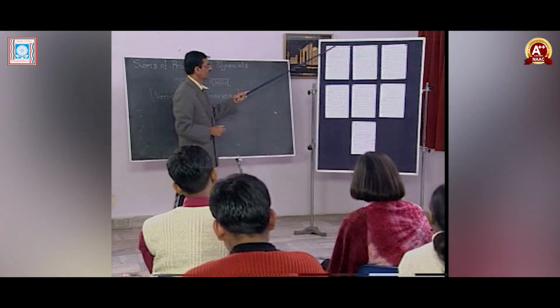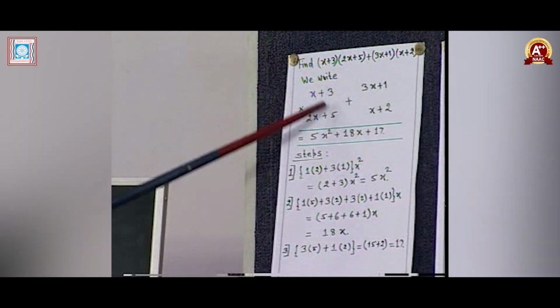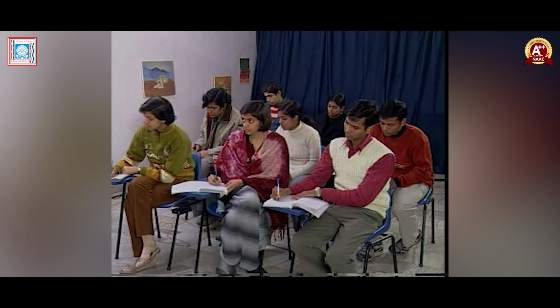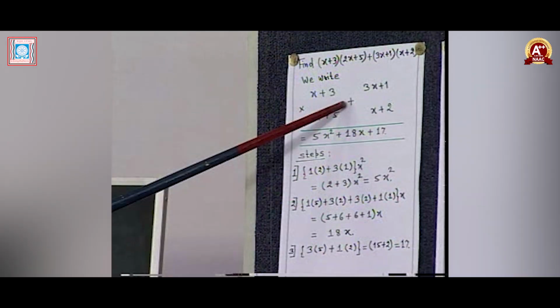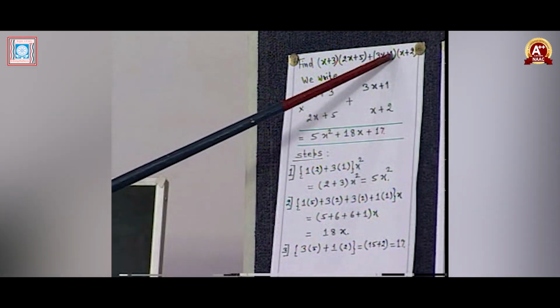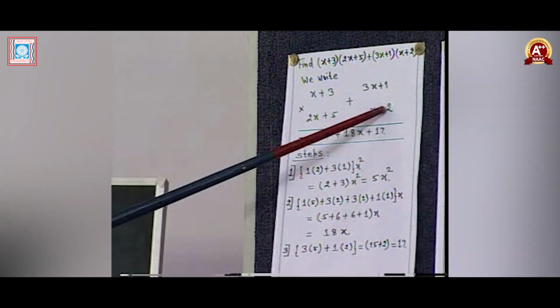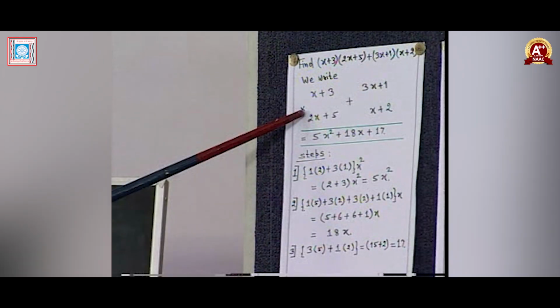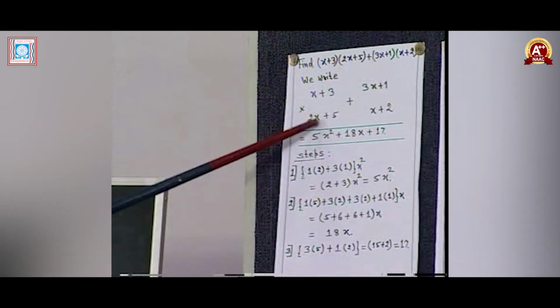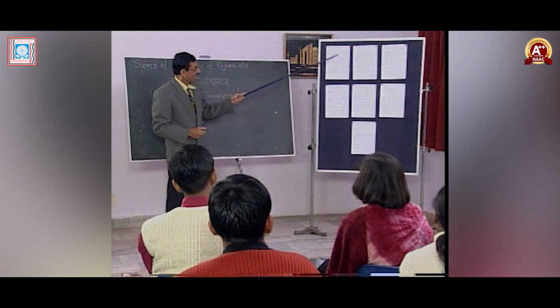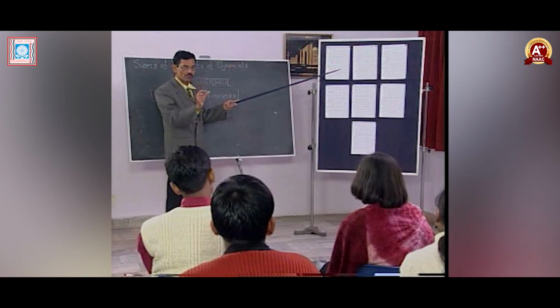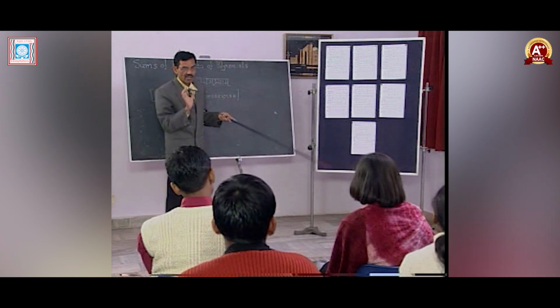We write the structure like this: x plus 3 multiplied by 2x plus 5, one below the other, then a plus sign, then the second pair, 3x plus 1 multiplied by x plus 2. This multiplication sign indicates that we will be multiplying vertically and crosswise, and this plus sign indicates that all like terms are to be added simultaneously.